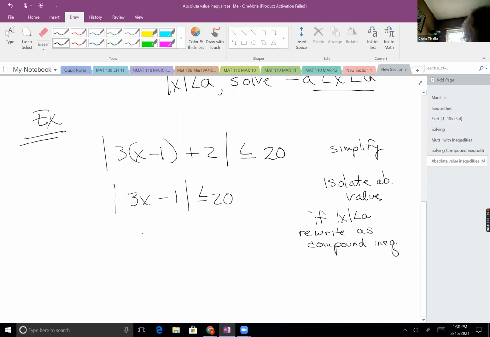So that gives me that 3x minus 1 can be less than or equal to 20 and greater than or equal to negative 20.